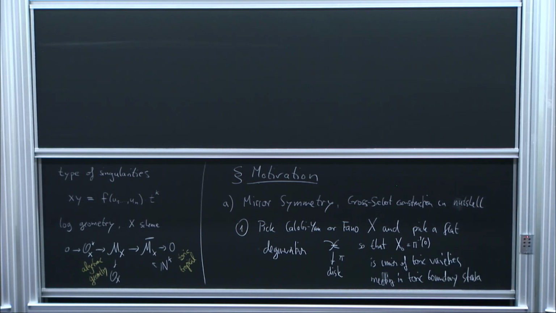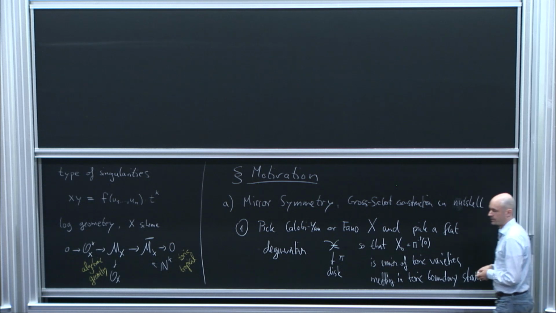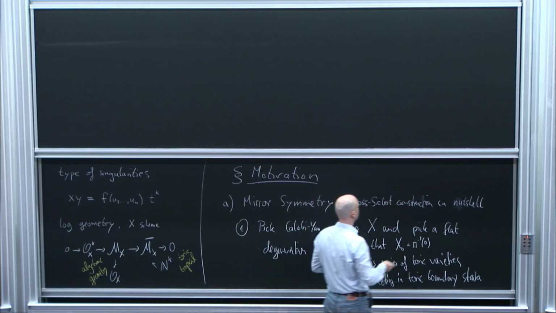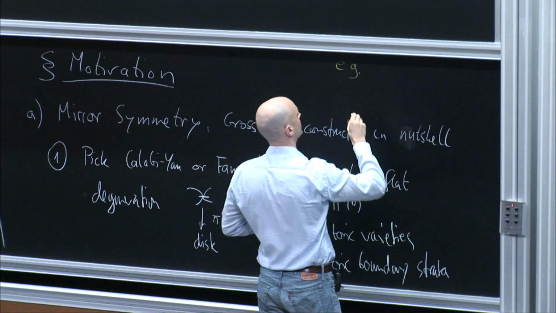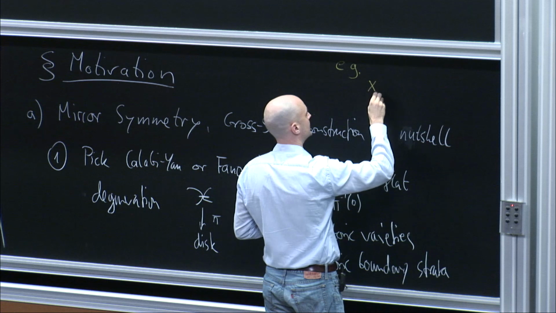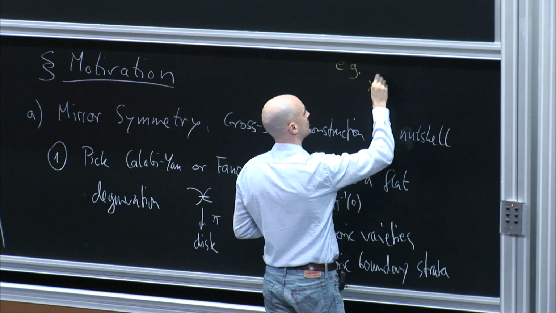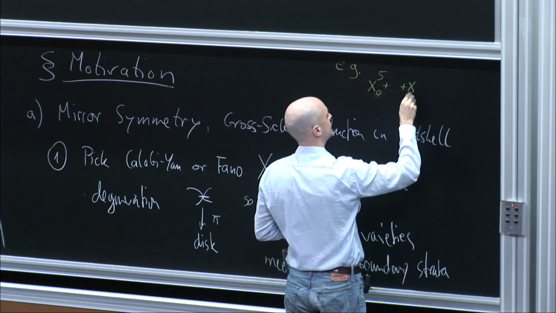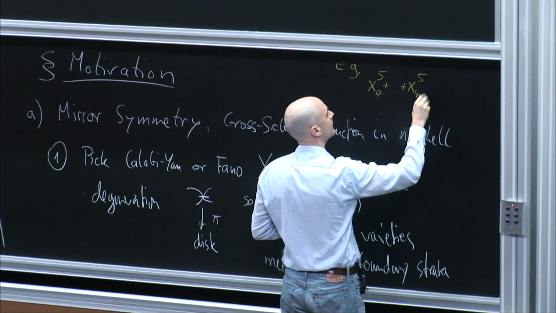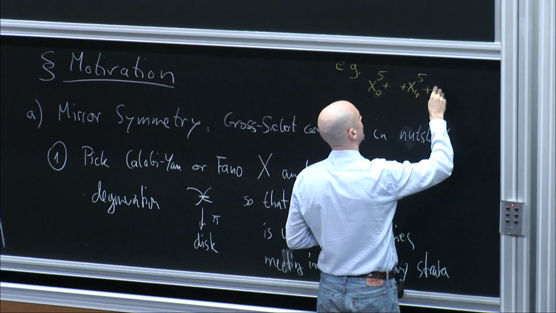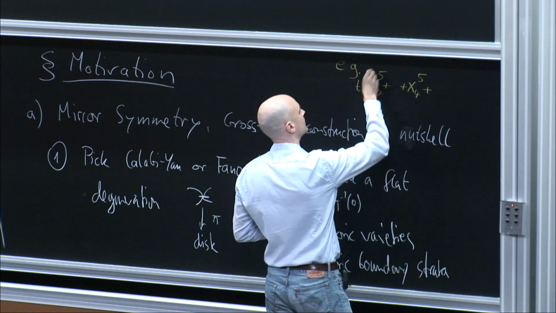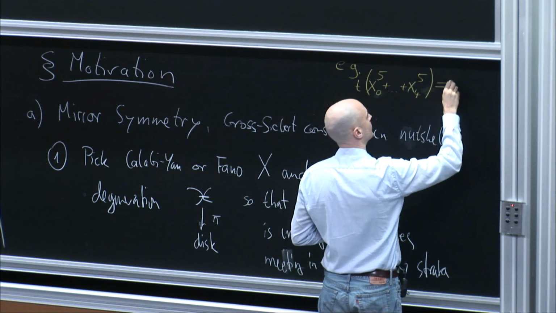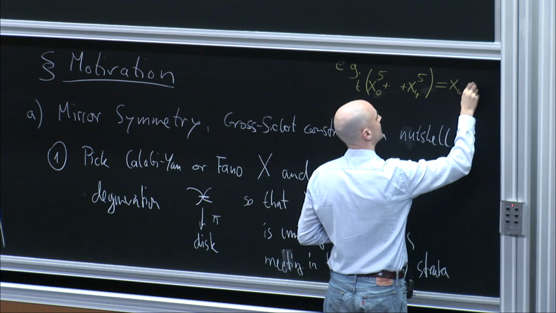Okay, so what you can think of typically is the quintic family. I put this as an example up here in the corner. For example, you can take your quintic in P4. You take the Fermat quintic, x0 to the 5 plus and so on, and then you put a family parameter, a t here, times x0 times x4.